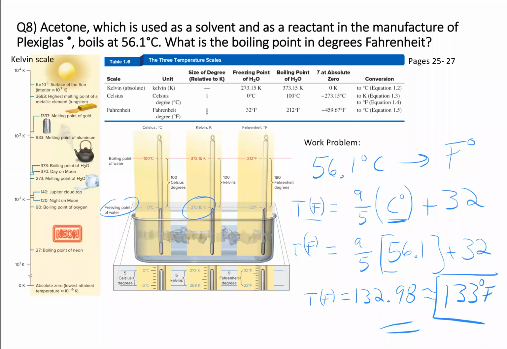So we can work the algebra, work the problem, and get the right answer. But the key content here, I think, for this discussion, for this problem, is that we want to know that there are these 3 different temperature scales, and we want to gain fluidity with conversions between them using the type of equation that we did here. This one that's labeled 1.4 in your book, 1.5 in your book.